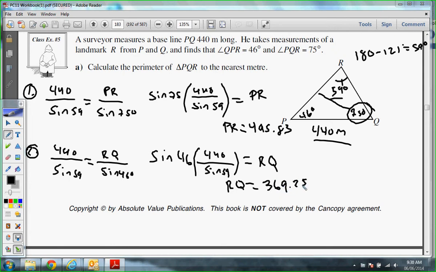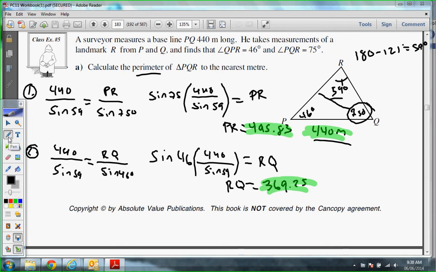Okay, so it wants the perimeter, though. The question says they want the perimeter, so we need to add all of our lengths now. We need to add this one, and this one. All three sides.